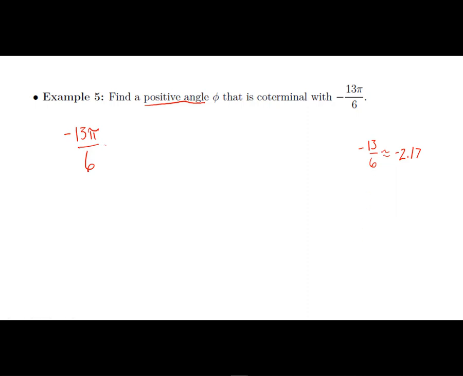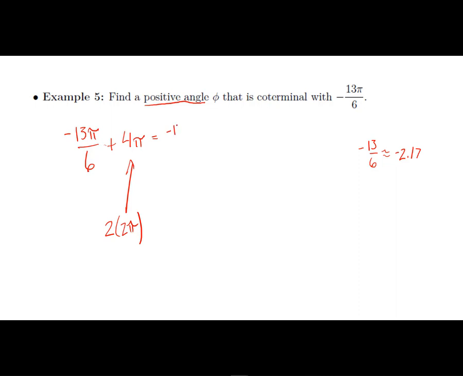So I can see that because negative 13 over 6 is negative 2.17, if I add 2 pi, that is not going to give me a positive angle value. So instead what I'll do is I'll add 4 pi, right? Because I want 2 copies of 2 pi. And that then will not only give me a coterminal angle, but it will give me one that is positive.